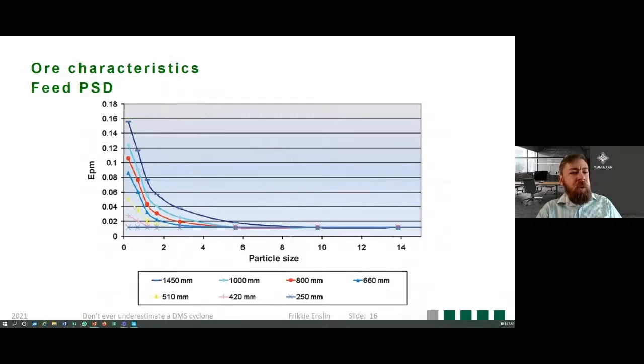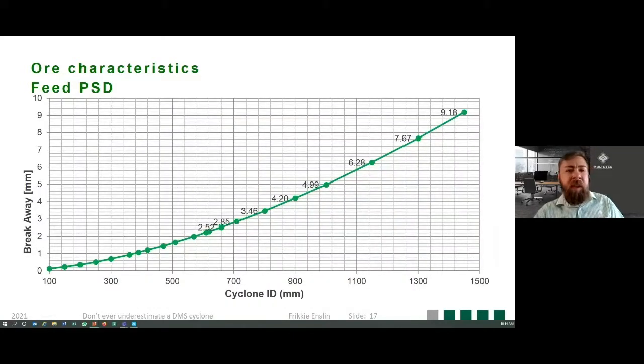And that's why it's important to have an idea of the PSD, or particle size distribution, that you're going to feed into your cyclone, because you want the portion of your feed smaller than the cyclone's breakaway size to be as little as possible, to give your cyclone the best opportunity to give its best performance. So there is a graph showing your cyclone diameters on the bottom axis and the breakaway size on the y-axis.